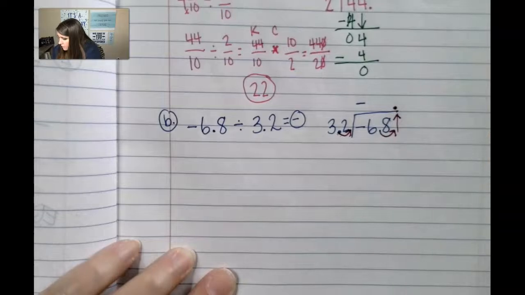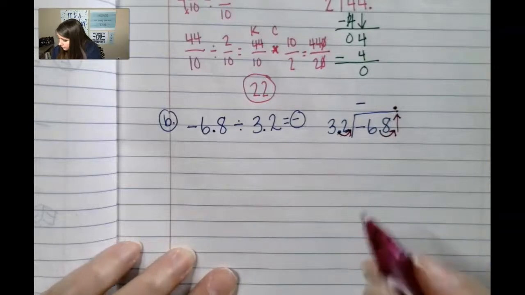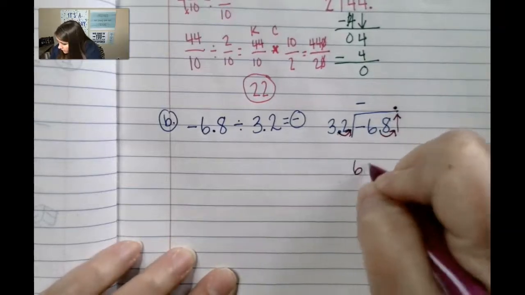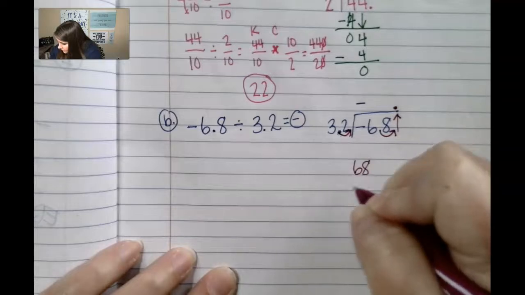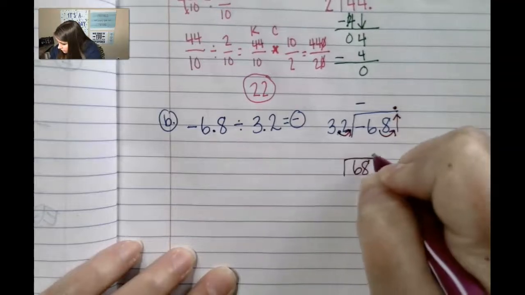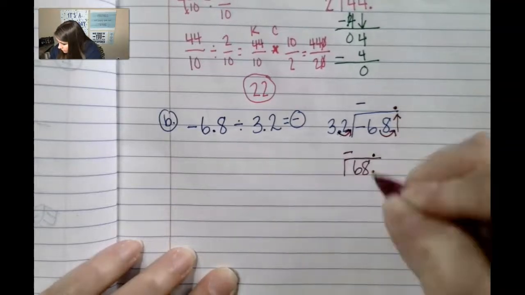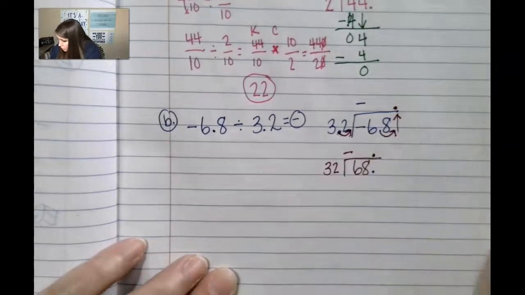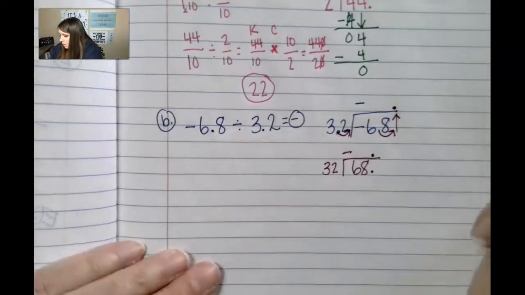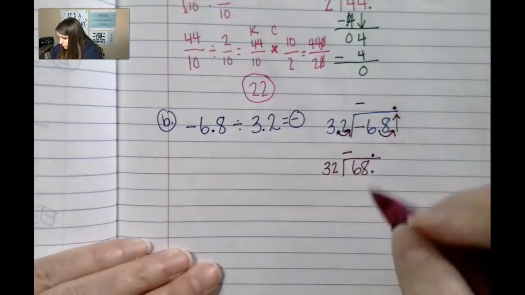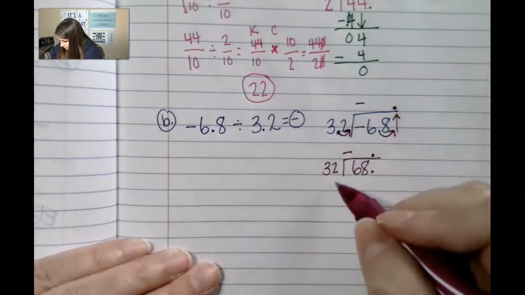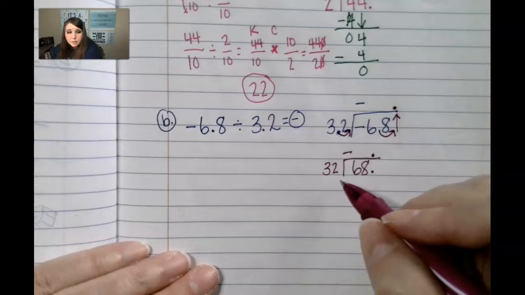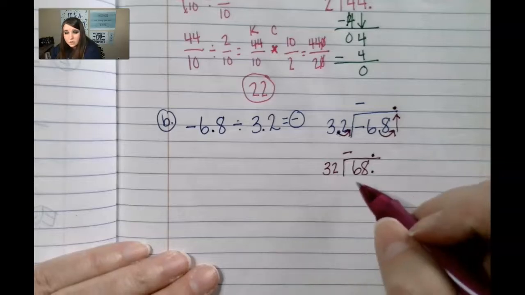The new numbers that I am working with are negative 68, with my negative sign up, divided by 32. I'm now ready to solve this problem. I'm looking to see how many times 32 can go into 68.